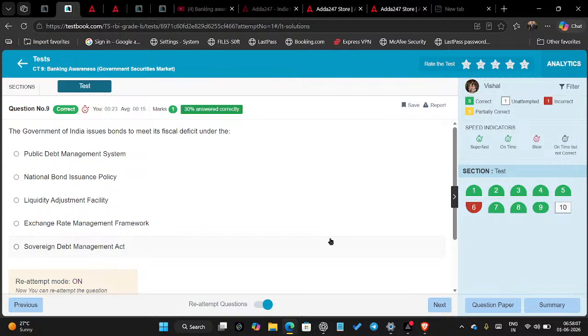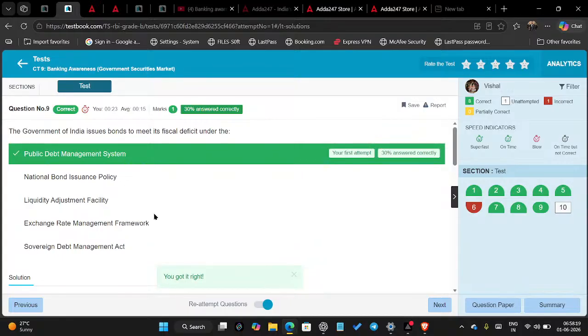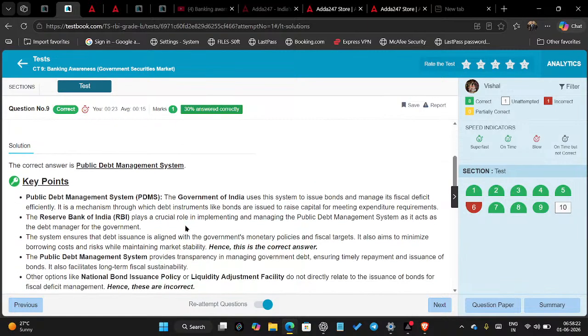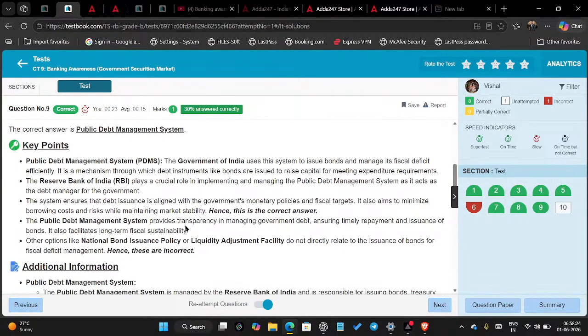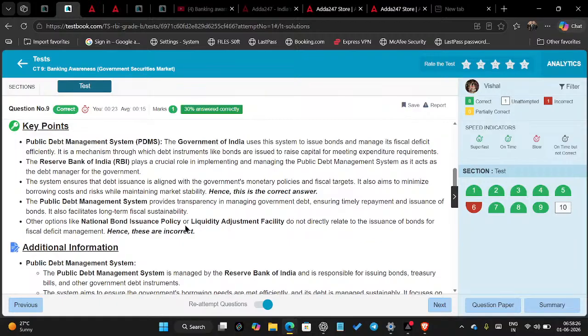Let's see the correct answer of this question. As we know, we have marked earlier that the government of India issues bonds to meet its fiscal deficit under the Public Debt Management System (PDMS). Under the Public Debt Management System, the government of India uses the system to issue bonds and manage its fiscal deficit efficiently.